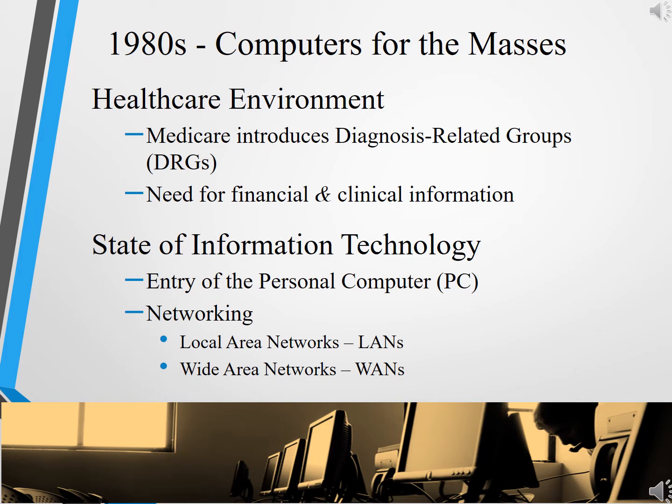Wide area networks, WANs, on the other hand, allowed various computers of all sizes, PCs, mini-computers, and mainframes, located at different sites, to talk to each other and share data. These networks were beginning to take advantage of the ultimate network, which became known as the Internet.